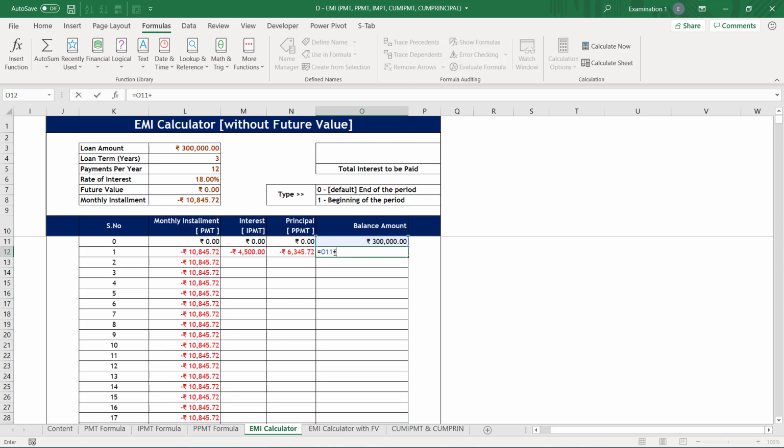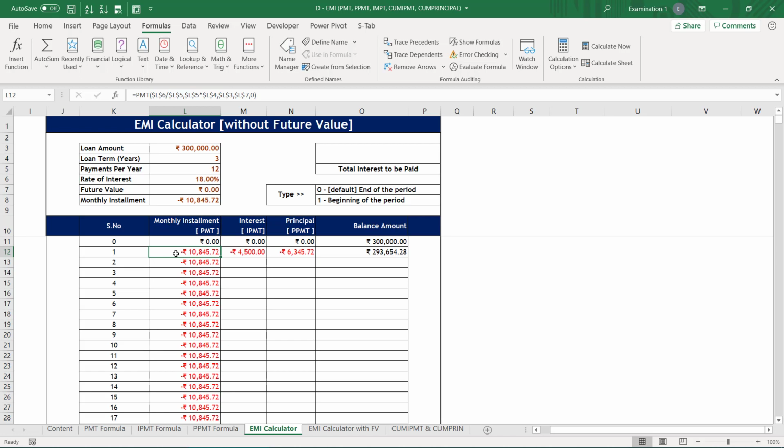I'll simply add these two numbers, and you can see after the very first installment the loan due on my name will be equal to this much, 2,93,654 rupees approximately. Now all these numbers are red and negative because these are the amounts which are supposed to be subtracted or deducted from my account.